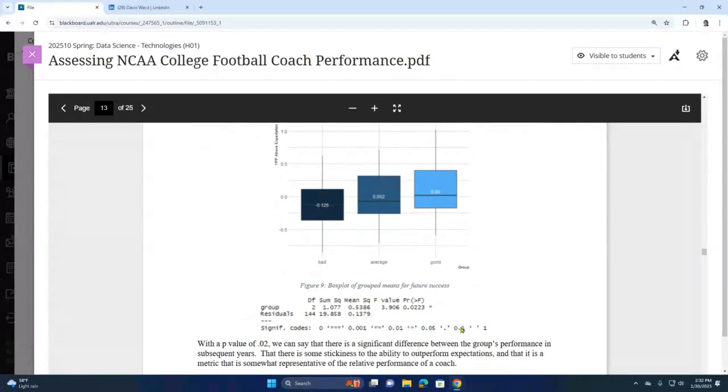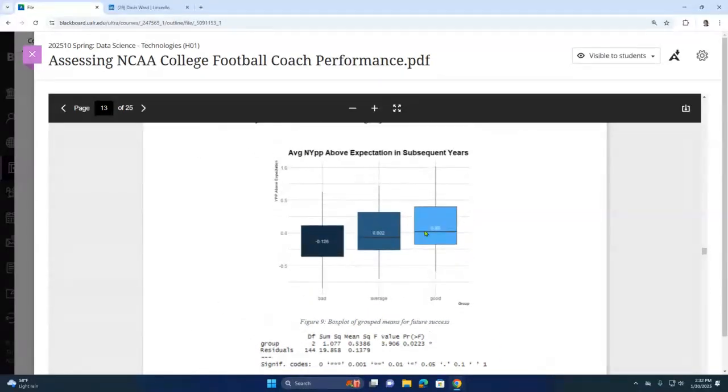And he did a simple analysis of variance, which said, yeah, statistically, the good coaches in their most recent data, the last 30%, are still outperforming the average coaches, and the average coaches are still outperforming the group in the bottom third. So he was able to show that there was still a statistical difference between the 3 groups.